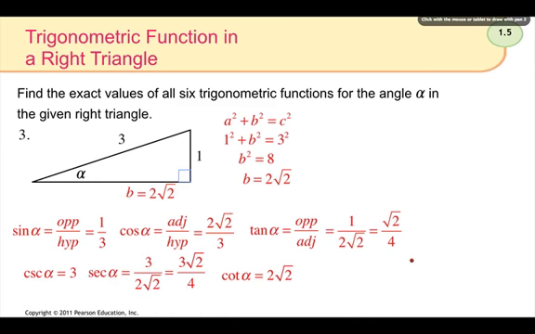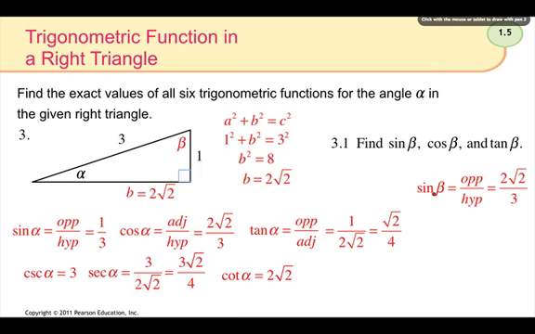Now let me just add another problem here, 3.1. So now if I wanted to find sine of beta, I need to apply the definition of sine, opposite over hypotenuse, but now this is going to be my reference angle.